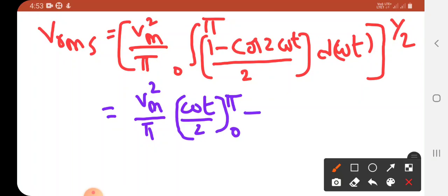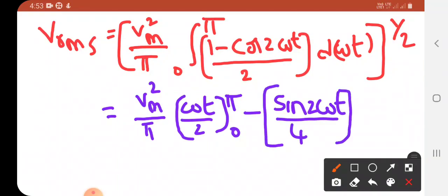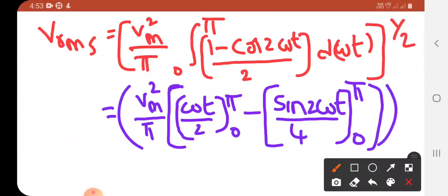Therefore sin 2 omega t by 2 into 2, that is 4, where limits are 0 to pi, whole power 1 by 2.